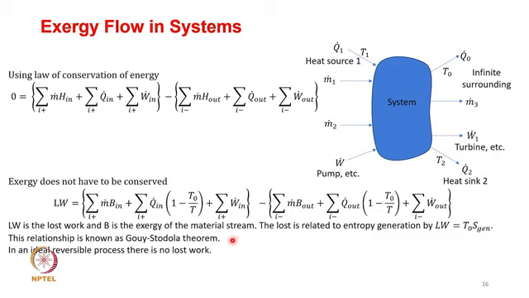The loss is related to the entropy generation, LW, which is equal to T naught into S generated, and this calculation is called the Gouy-Stodola theorem or expression. And in an ideal reversible process, there is no loss of work, so your left hand side would be equal to the right hand side, but that is not the case in a true process. So, eventually you would end up having certain losses.